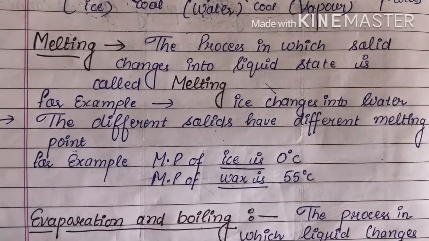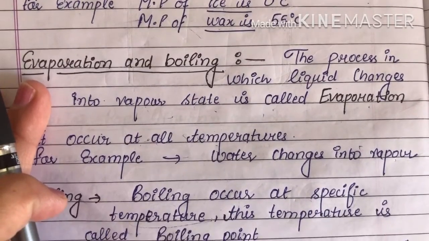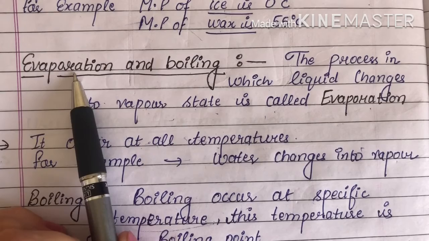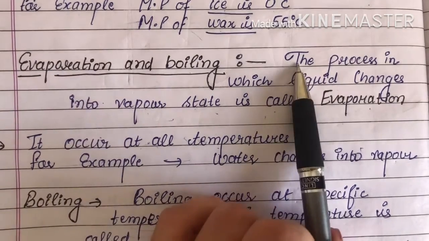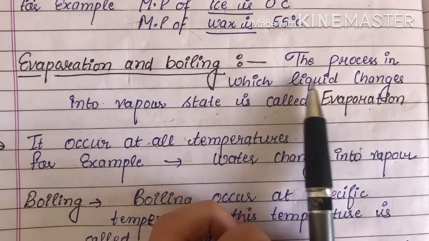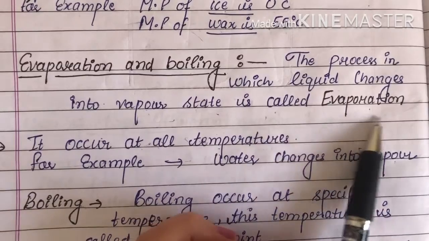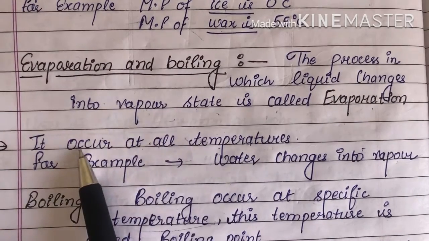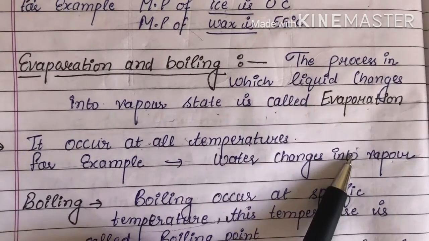The next one is evaporation and boiling. These are similar processes, but there is a little difference between them. The process in which a liquid changes into the vapor state is called evaporation, and it occurs at all temperatures. For example, water changes into vapor.